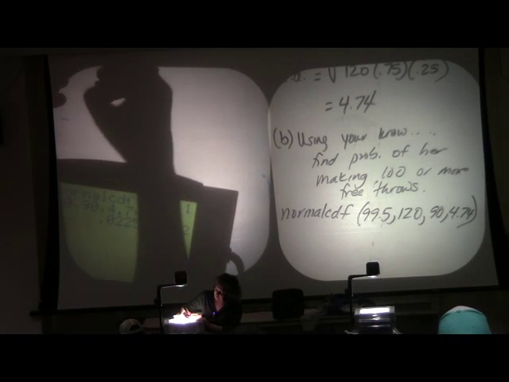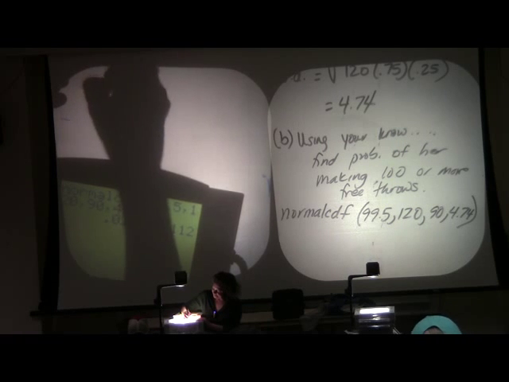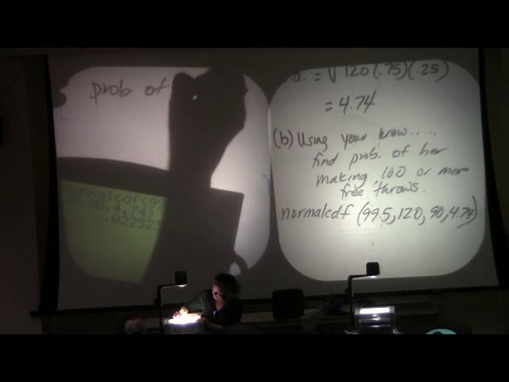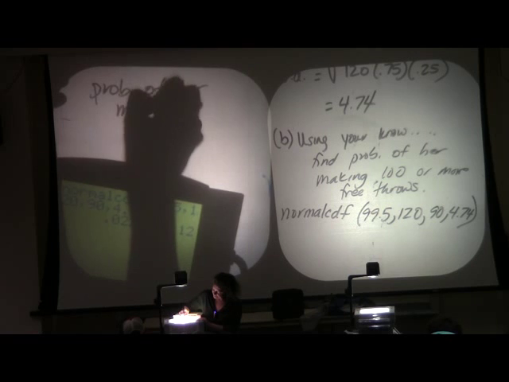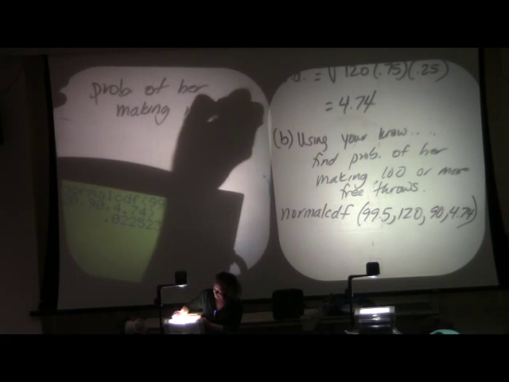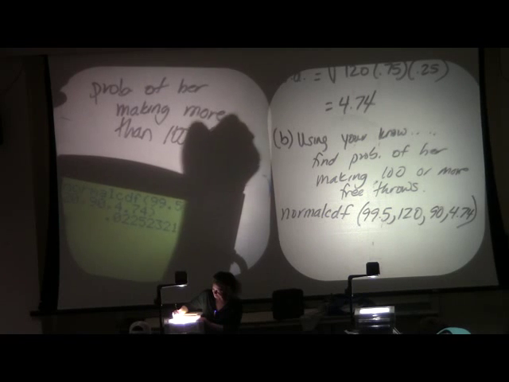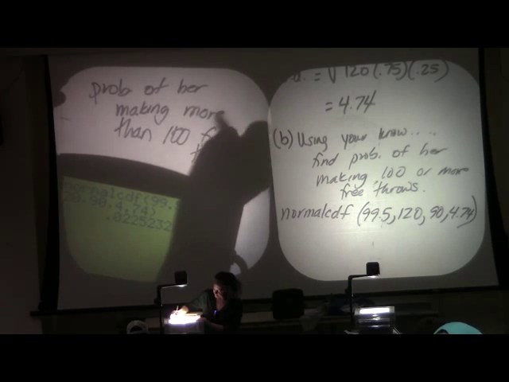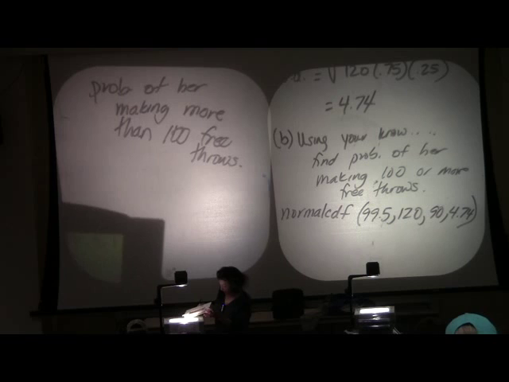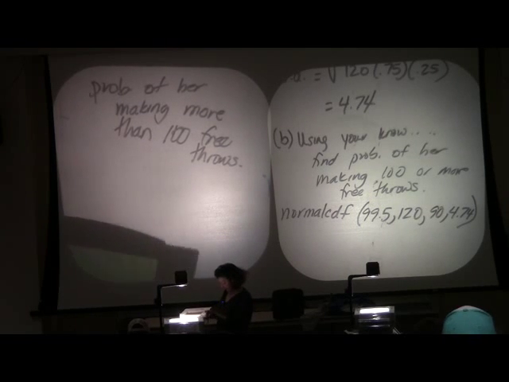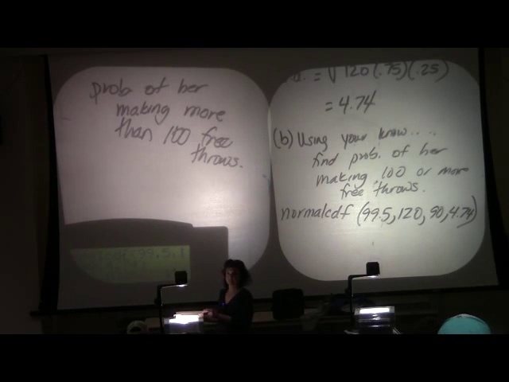What if instead I want to find the probability of her making more than 100 free throws? This just changes it ever so slightly.